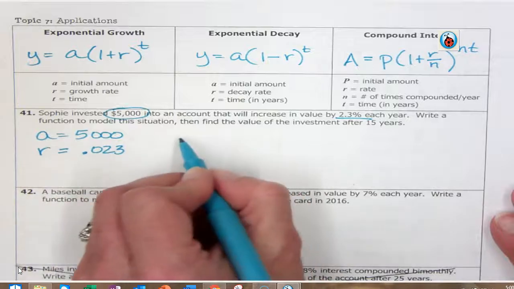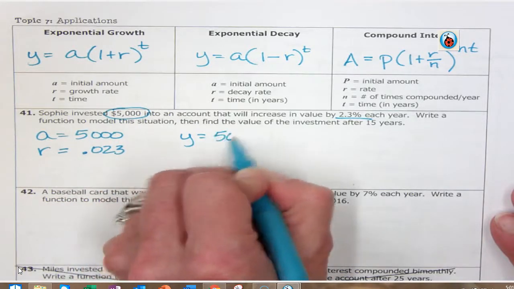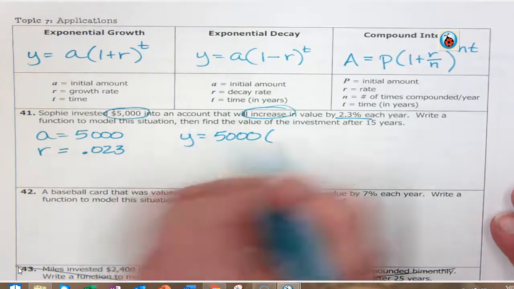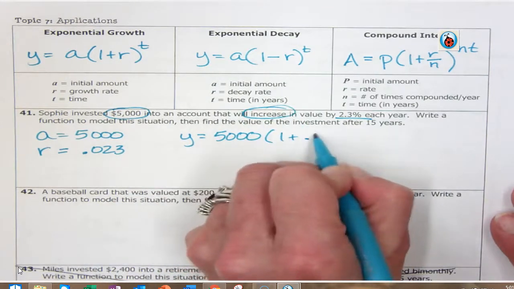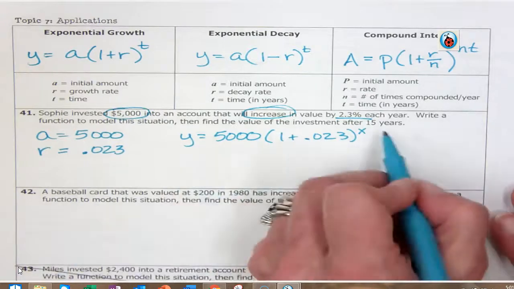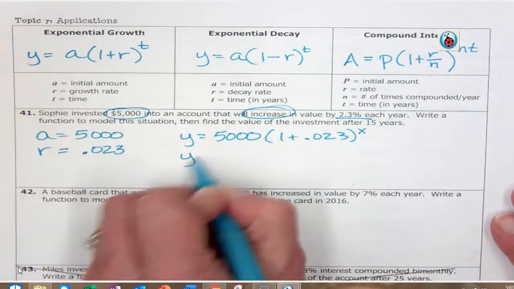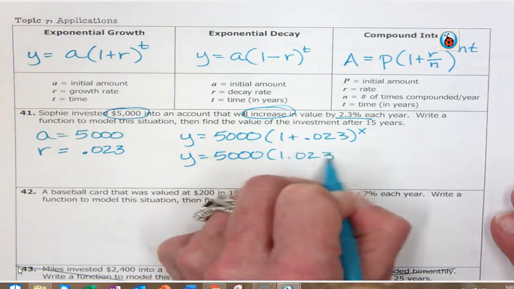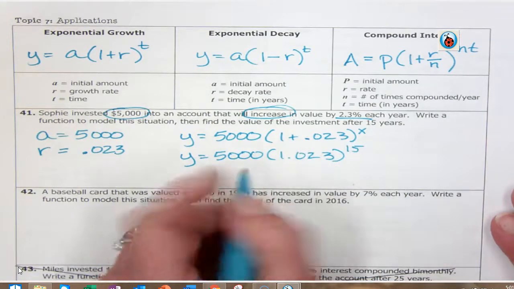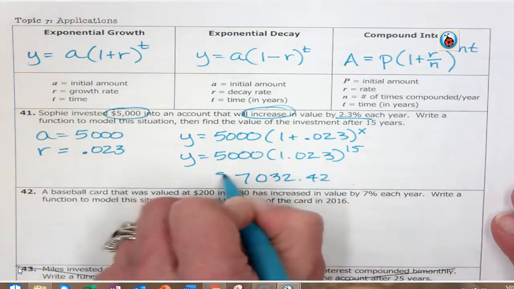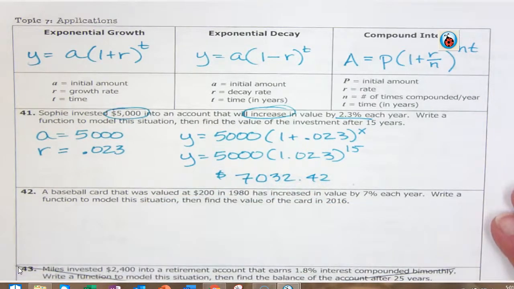My model is going to be y equals 5,000, and I am increasing, that's a growth, 1 plus 0.023 to the x power, or to the t. After 15 years, you're going to plug in that 15 and get $7,032.42. That's how much money you would have at the end of the 15 years.